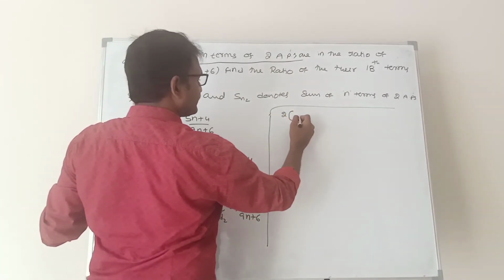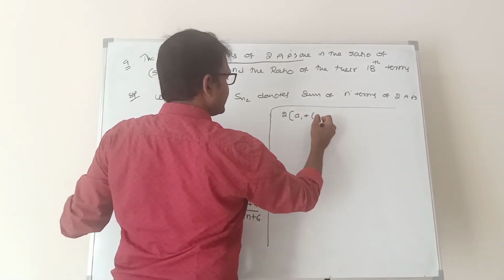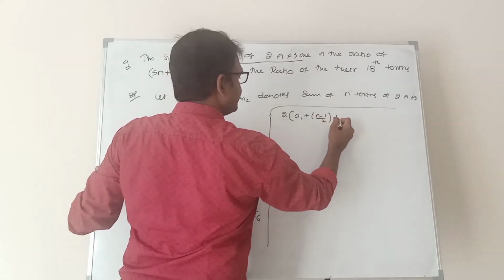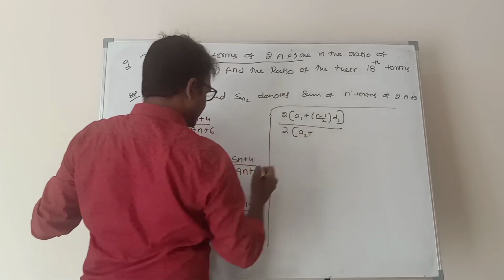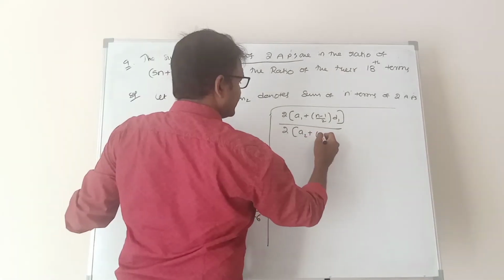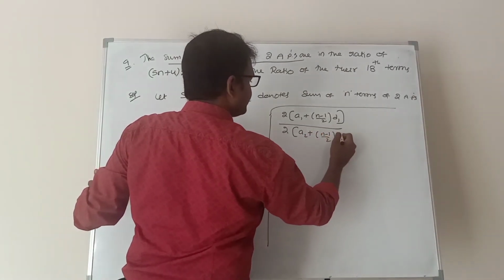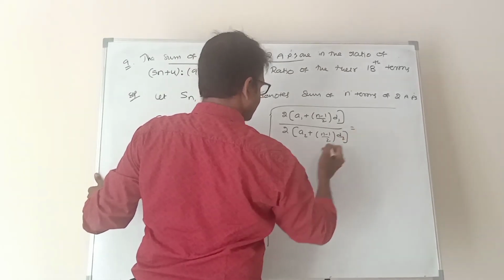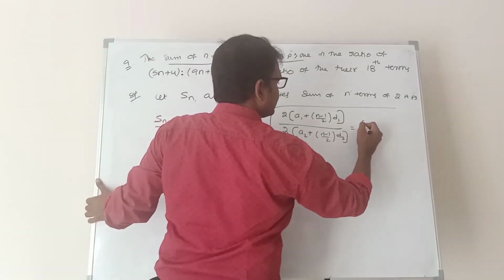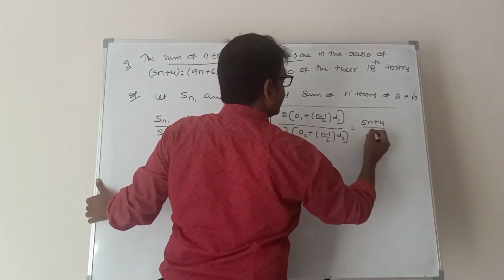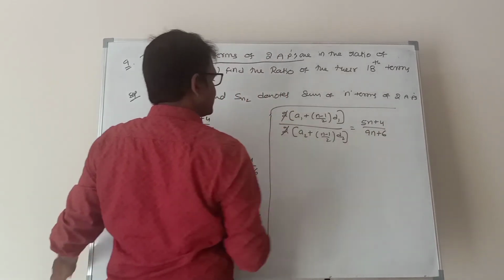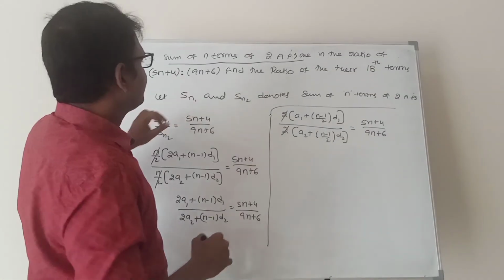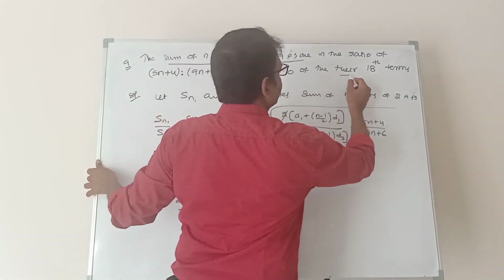If you take 2 common, a1 + (n − 1)/2 into d1 by a2 + (n − 1)/2 into d2 is equal to (5n + 4) by (9n + 6). The 2 gets cancelled. So what we need to find is the ratio of their 18th terms.